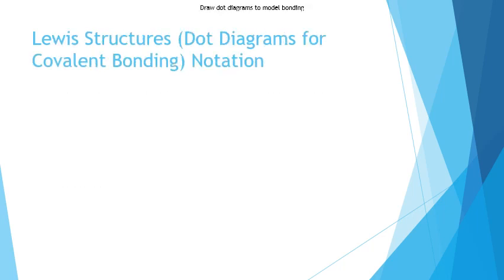So Lewis structures, or dot diagrams, are diagrams that we draw to show the bonding that occurs typically in covalent compounds, and thus that's what our video here will focus on. Just an example of what a Lewis structure is and the notation that we will see. Lewis structures show the arrangement of electrons in covalent compounds.